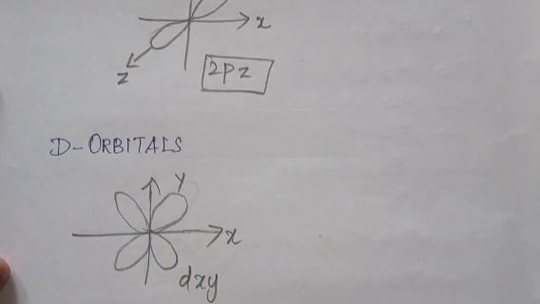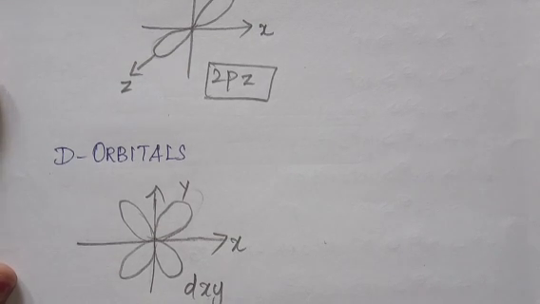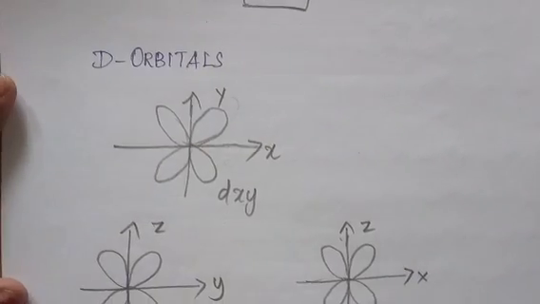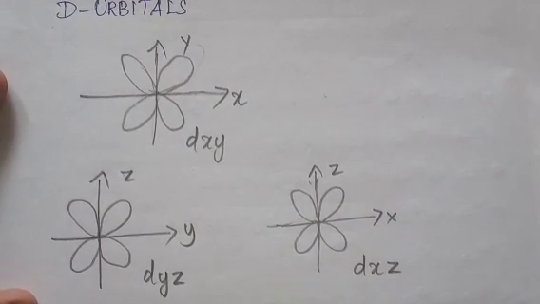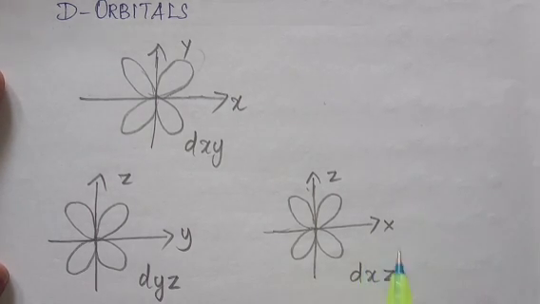So d orbitals, there are 3 diagrams for d orbitals. This is dxy, next this is dyz, this is dxz.